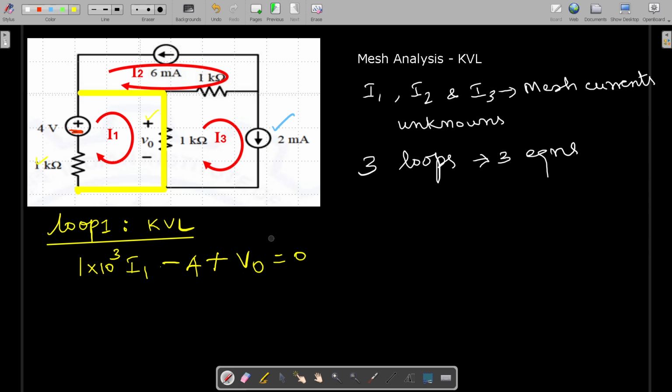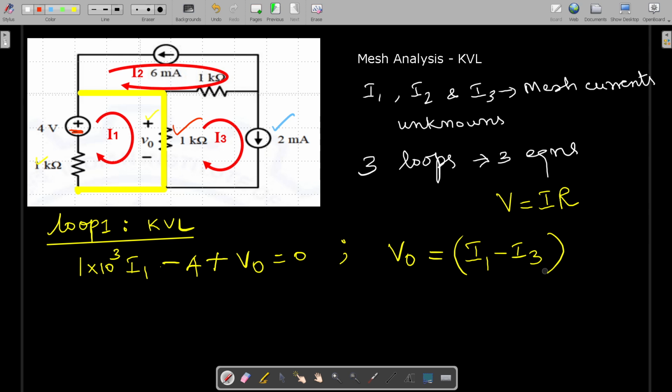Now for this V0 we can apply Ohm's law. We know that Ohm's law is V is equal to I into R, isn't it? For this V0, the I value is the difference of the currents I1 and I3, because this 1 kilo ohm resistance is common for both loops, through which the I1 and I3 currents are flowing.